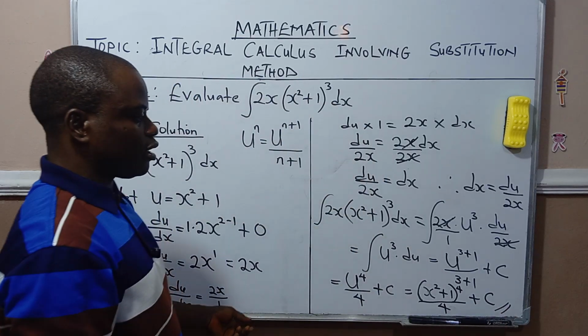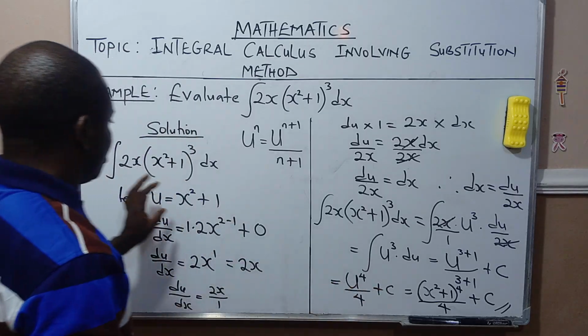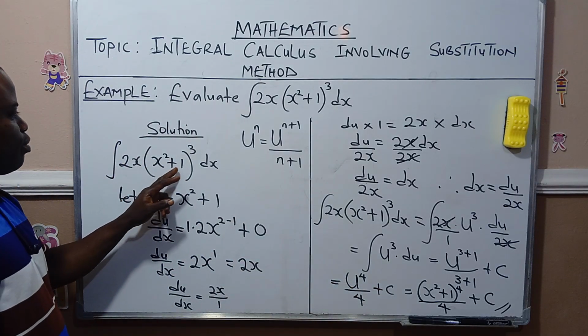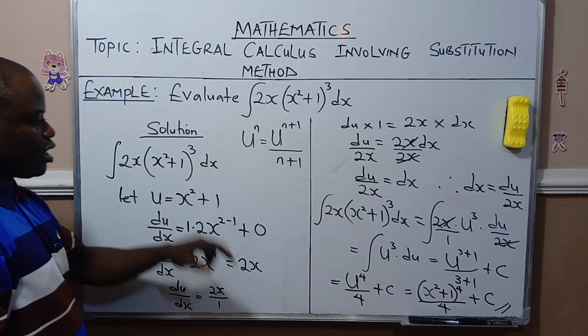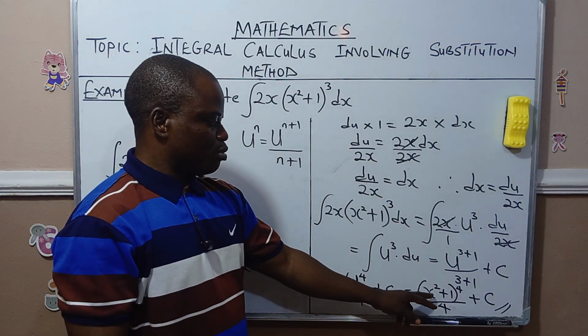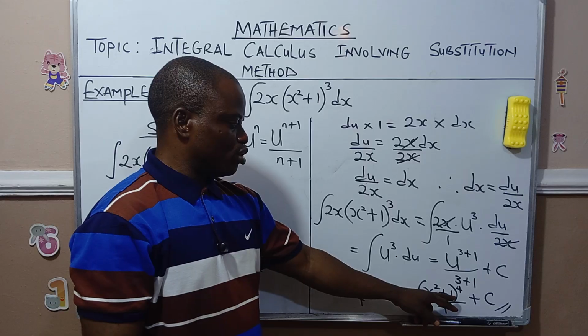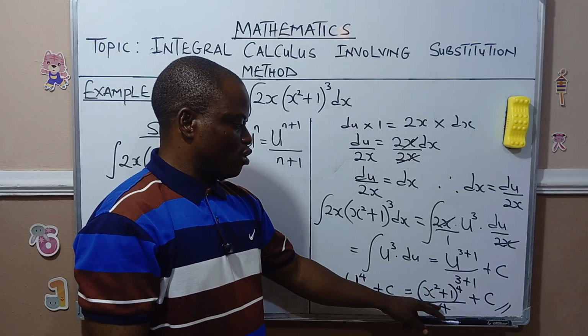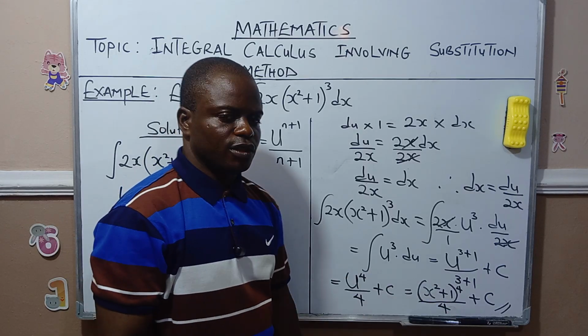Okay, that's our final answer. When you integrate 2x open bracket x squared plus 1 close the bracket raised to power 3 dx, you get x squared plus 1 raised to power 4 over 4 plus c.